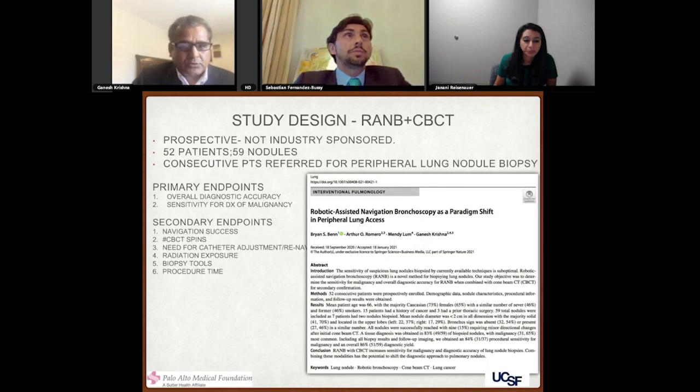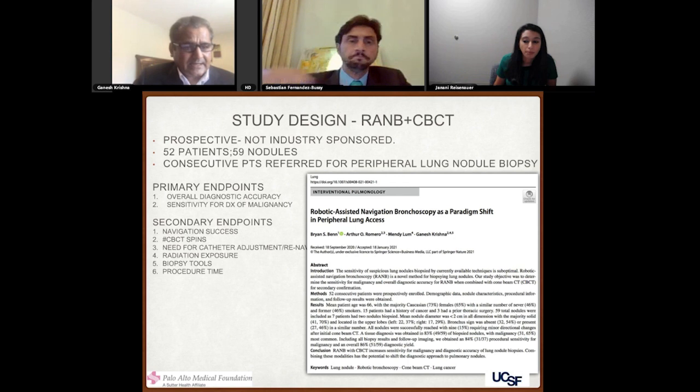Now, going on to the study that we published, it was a prospective study, and it was not industry-sponsored. We looked at our first 52 patients with 59 nodules, because we biopsied multiple nodules in the same patient in some patients. We enrolled patients consecutively, those who were referred for peripheral lung biopsies, so there was no selection bias.